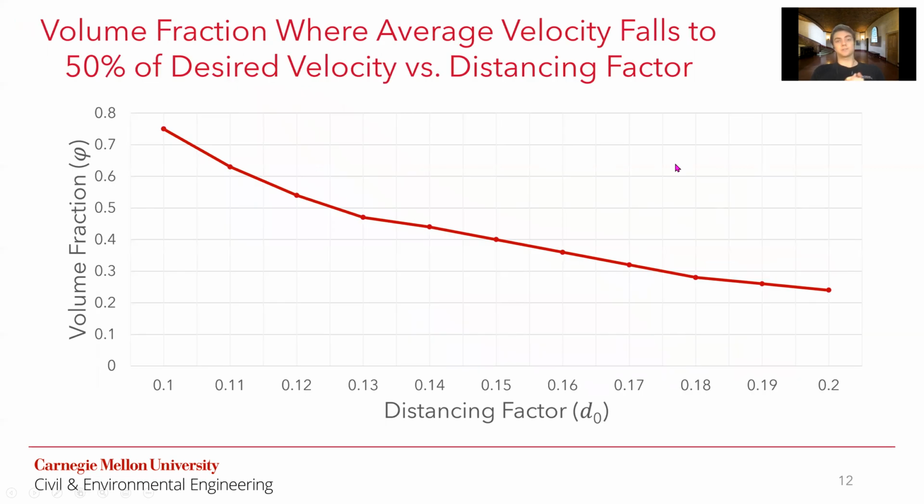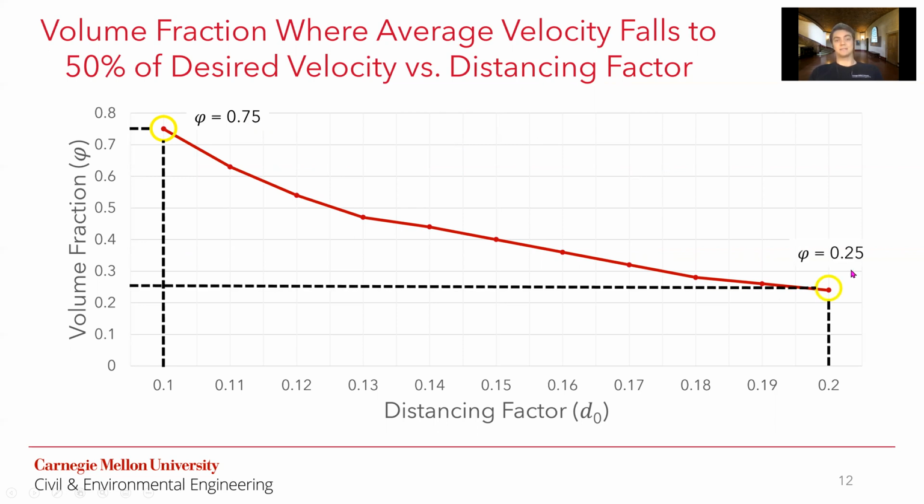To get a better look at the striking drop in average velocity that we just talked about, here we have plotted the volume fraction at which the average velocity of the pedestrians falls to 50% of the desired velocity for each distancing factor. At a relatively low distancing factor down here, the average velocity does not drop below 50% until a volume fraction of about 0.75.